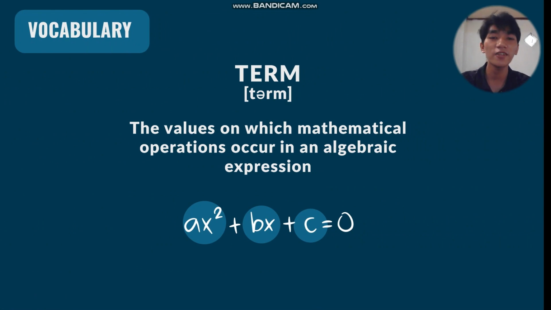A term is a value on which a mathematical operation occurs in an algebraic expression. In this equation, we have three terms. The first term is x squared. The second term is bx, and the third term is c.